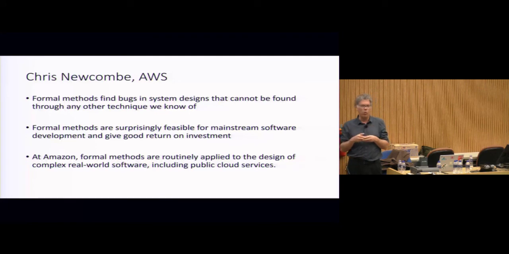It's not just a simple sequential program like the C program reading from a binary blob, right? They found, these are quotes from the paper, that formal methods are feasible for mainstream software development and give good return on investment. I don't know about the mainstream. I'm thinking they're pretty specialized in what they do, but it'd be nice if it were mainstream one day.